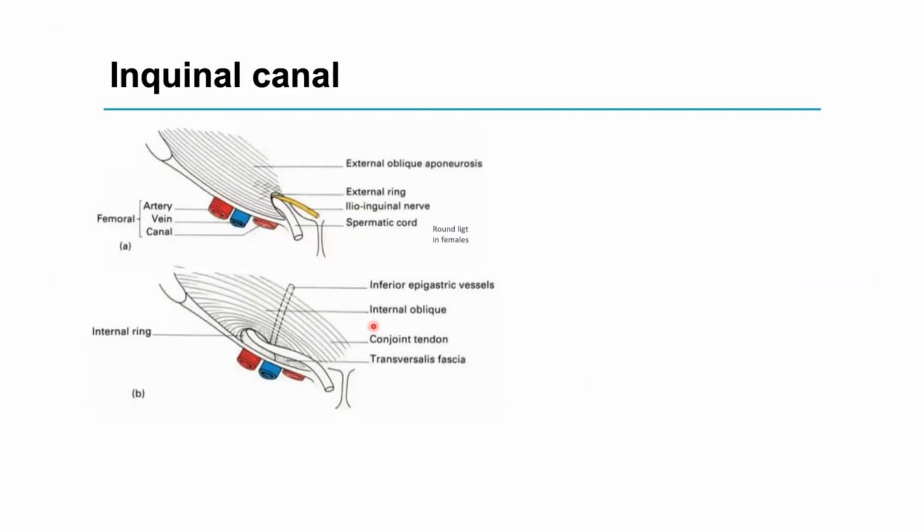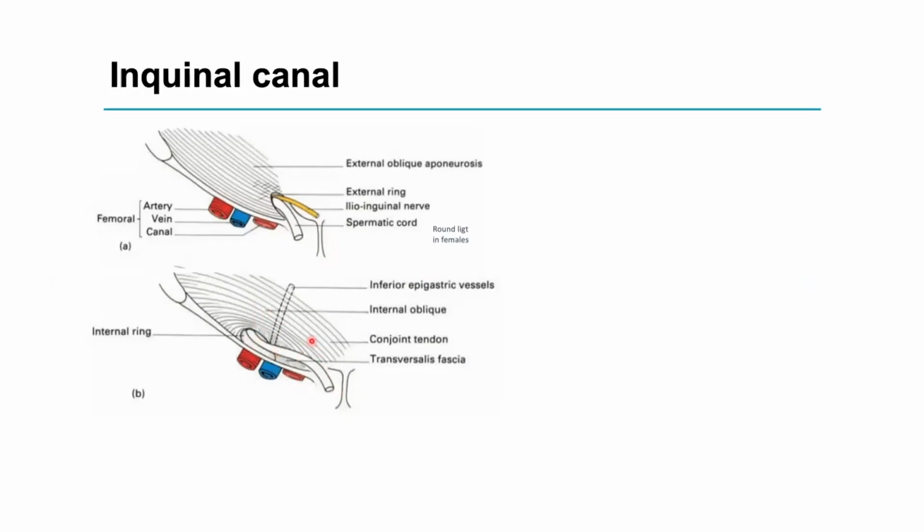If we start with the external oblique and the inguinal canal, we open it up like a book. We're looking at the back of the inguinal canal opened up, and we have the spermatic cord, or the round ligament of the uterus in females, or the contents of the inguinal canal. And here again are these important inferior epigastric vessels. So an indirect hernia comes lateral, around, indirectly, around and down.